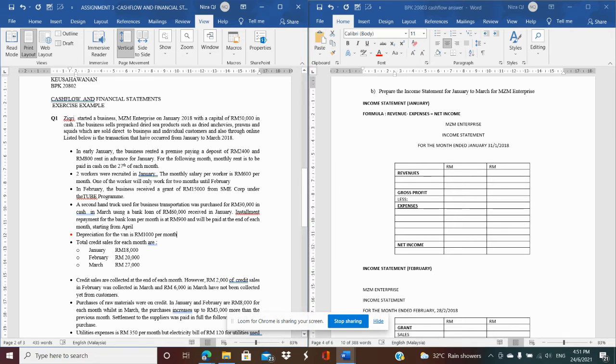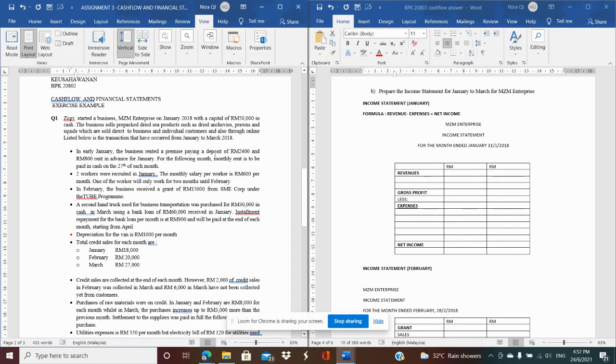The business sells prepacked dried seafood and so forth. In early January, the business rented a premise, paying a deposit of 2,400 and 800 ringgit in advance for January. So these are expenses.